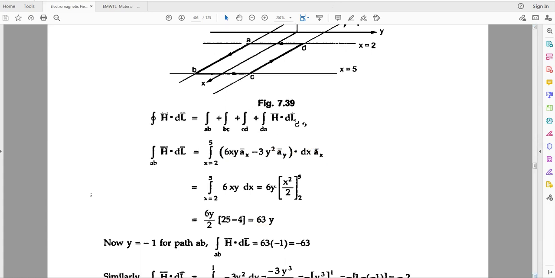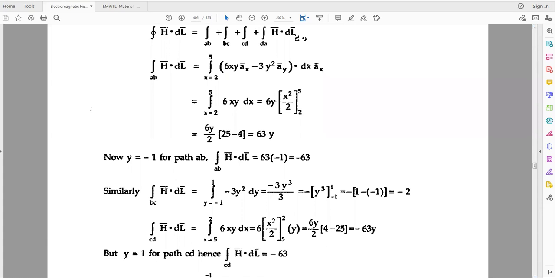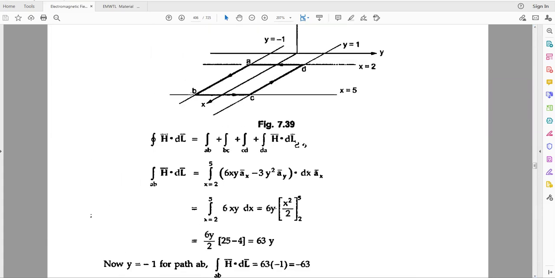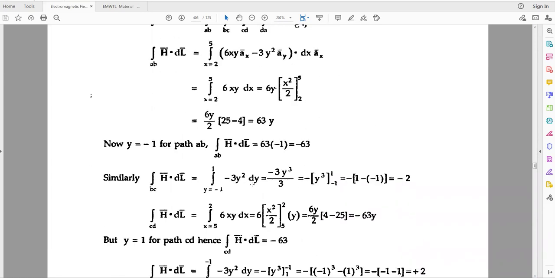Now coming to the integral BC. BC is along the y direction. Along the y direction, H bar is the y function, minus 3y square a_y bar, dot dy into a_y bar.